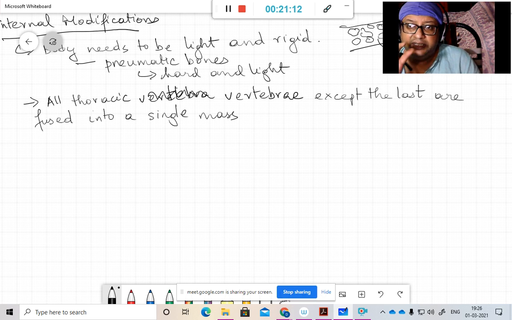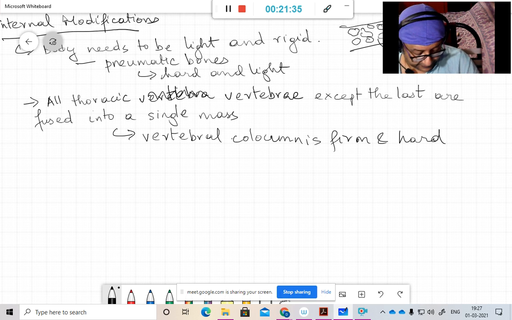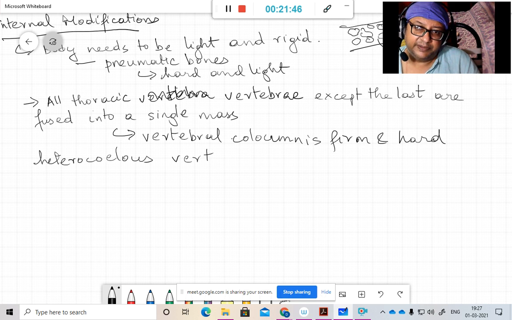All the vertebrae except the last one are fused into a single mass. And the result of this, the vertebral column is firm and hard. Then they have got a type of vertebrae I will explain later. This is heterocoelous vertebrae. It's good for flight.